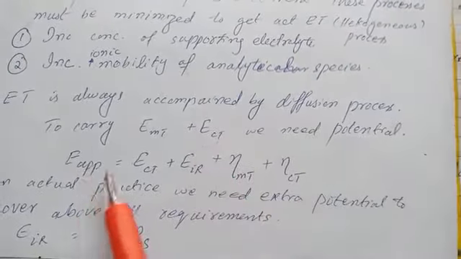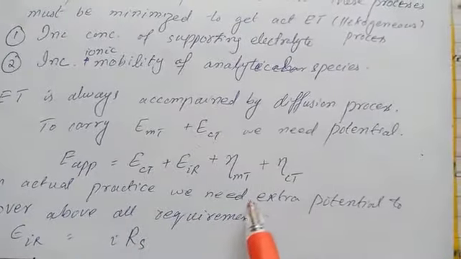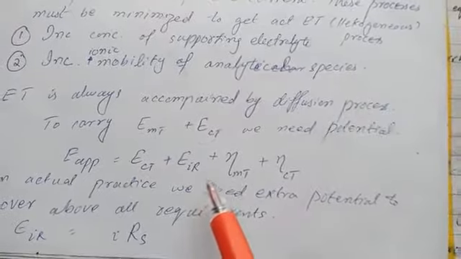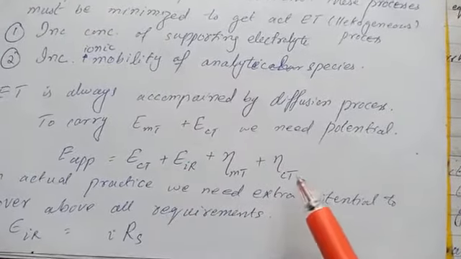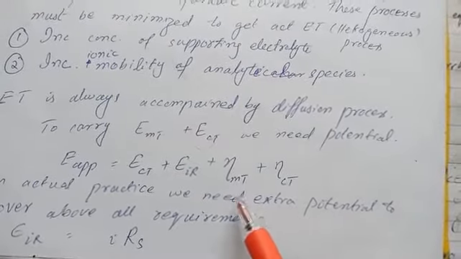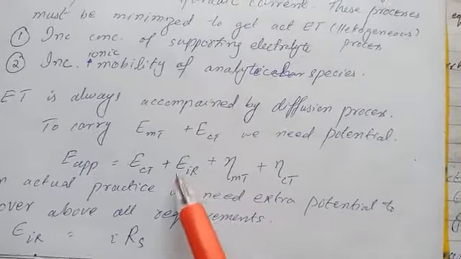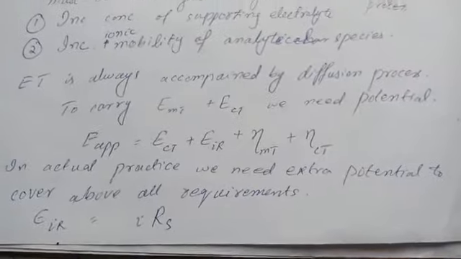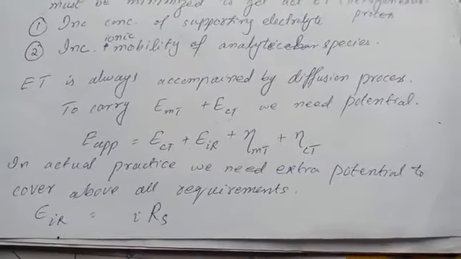So we need to apply an extra amount of voltage to carry out other reactions, like mass transfer and also ohmic current. This extra potential is known as overpotential.